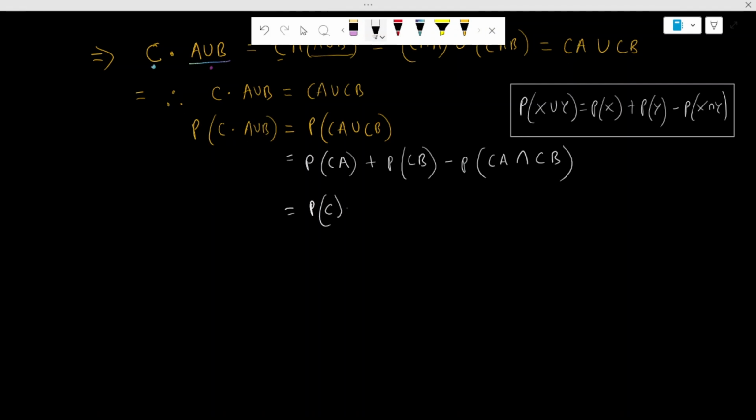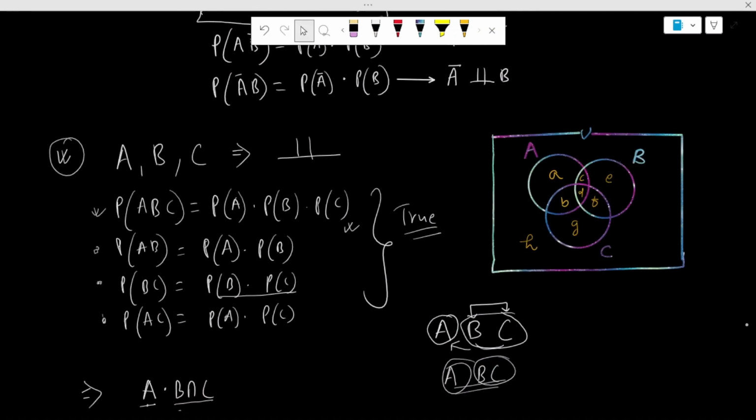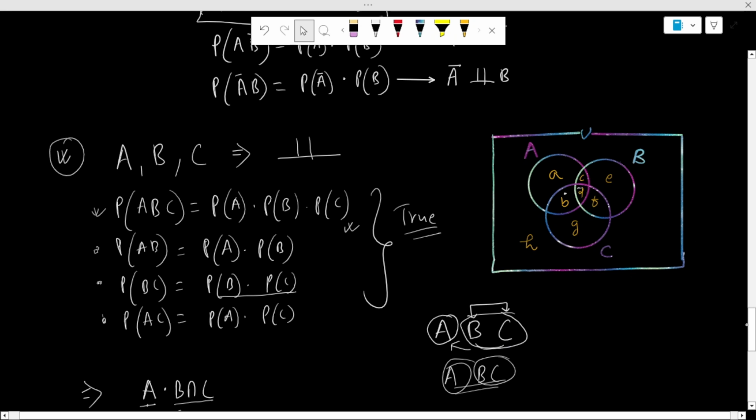So probability of C times probability of A plus probability of C times probability of B minus CA intersection CB. So let me show it in a Venn diagram. Here CA is B and D, and CB is D and F. So the intersection is only D, which is ABC, or CBA, or whatever name we give it.